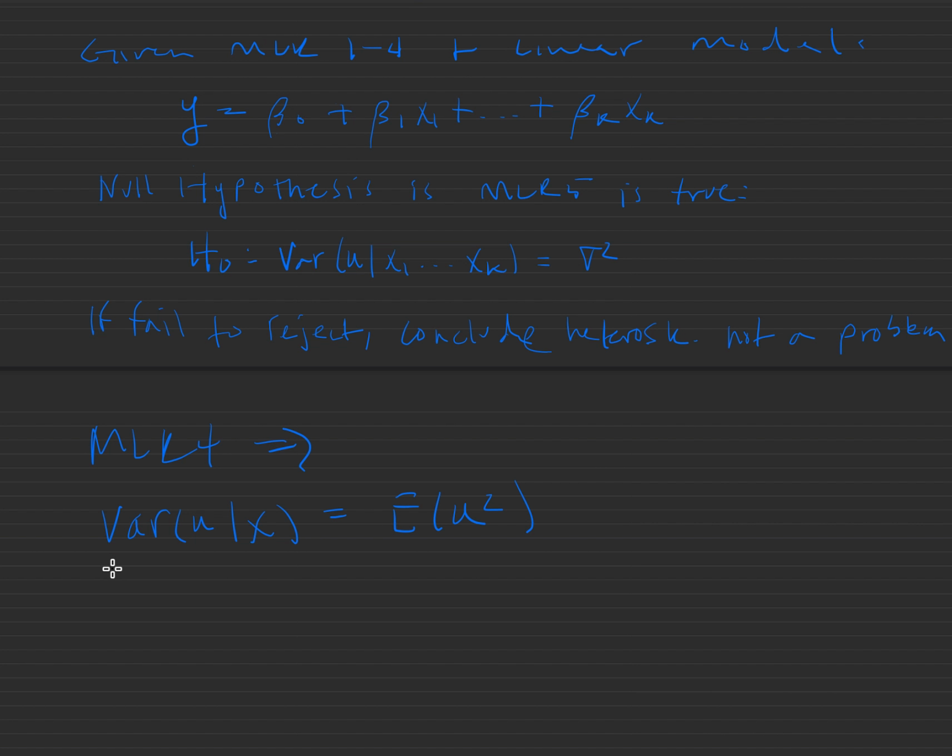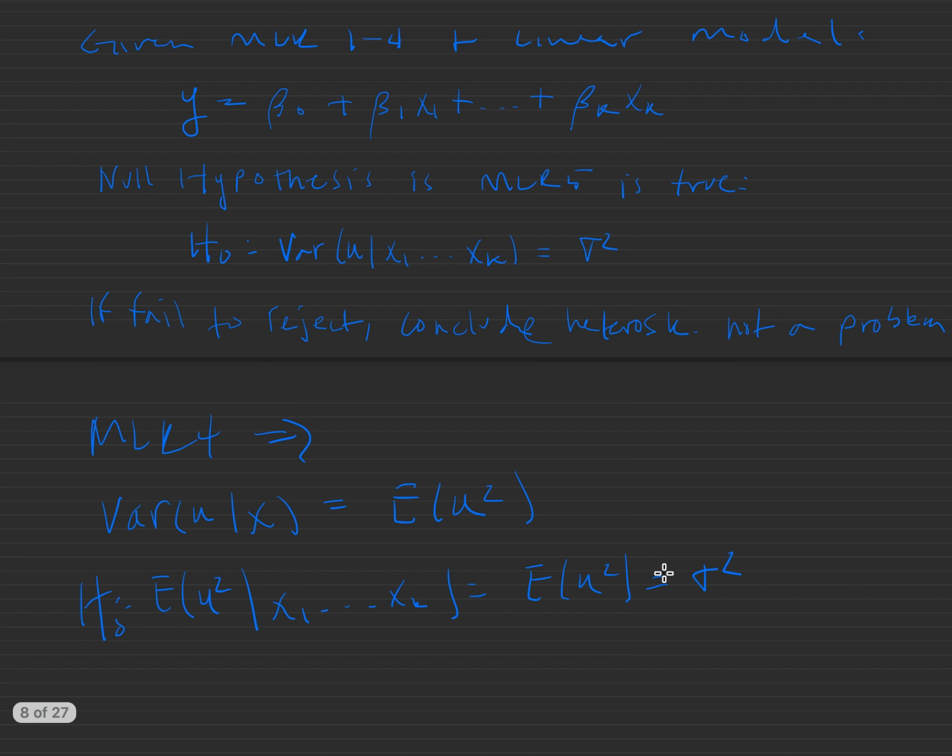So we can rewrite the null hypothesis as the expected value of u squared given x1 through xk, which is equal to the expected value of u squared, which is equal to sigma squared.